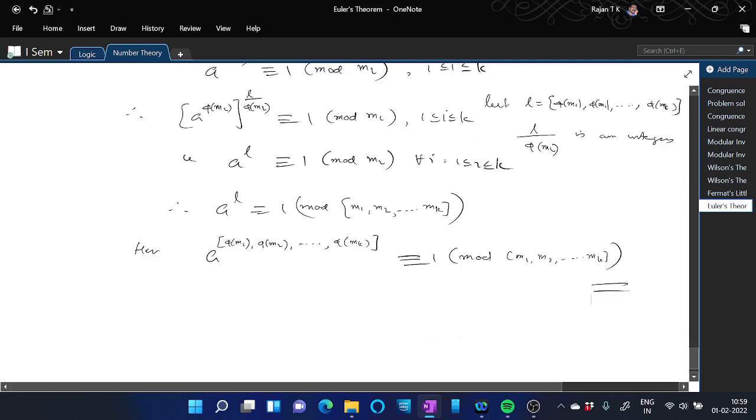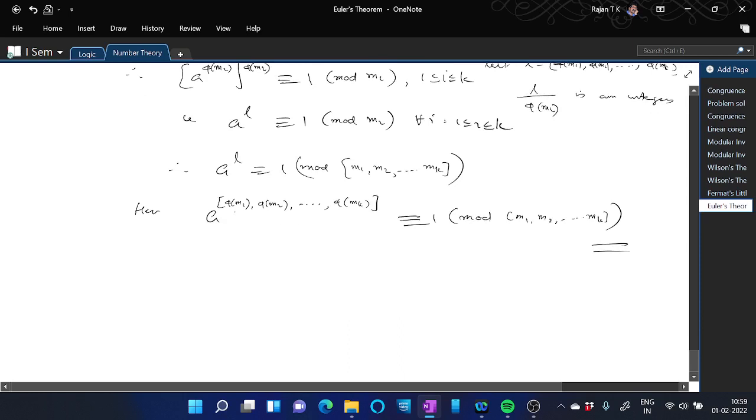Also, there is a corollary to this theorem. If m1, m2, etc., mk are pairwise relatively prime, then the LCM of m1, m2, etc., mk will be the product m1 times m2, etc., mk.